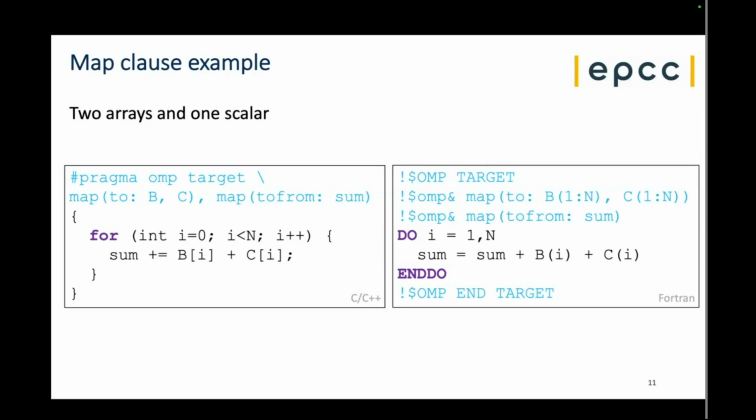Okay, so I see there's a question. On slide 11, will there be a race condition, or does tofrom by default ensure reduction? It would be a race condition if this was actually running in parallel.